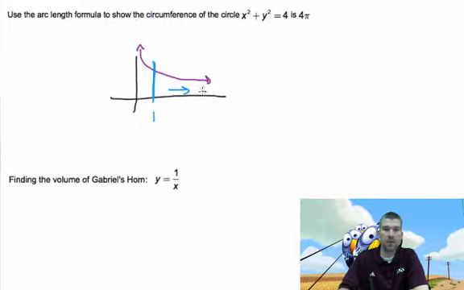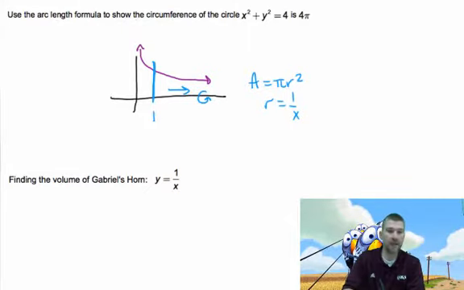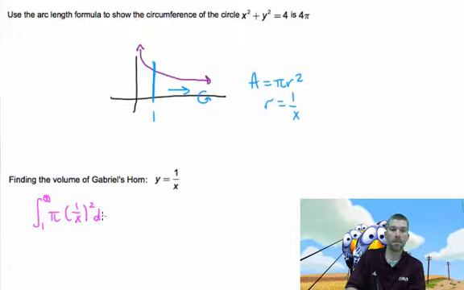Well, we're going to rotate this shape around the x-axis, and when we do, we get a circle. The area of a circle is pi r squared. R in this case is 1 over x. So when you set this integral up, it's going to be improper because we're going to go from 1 to infinity of pi times the radius squared.